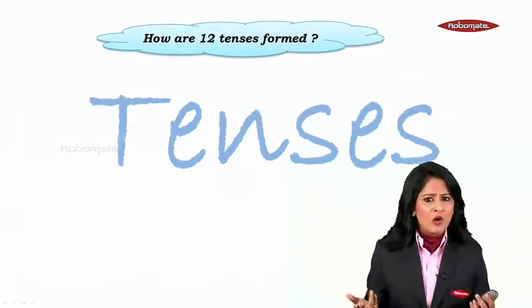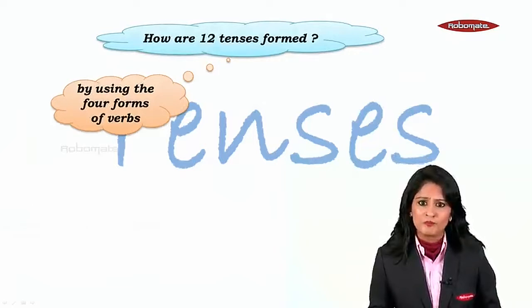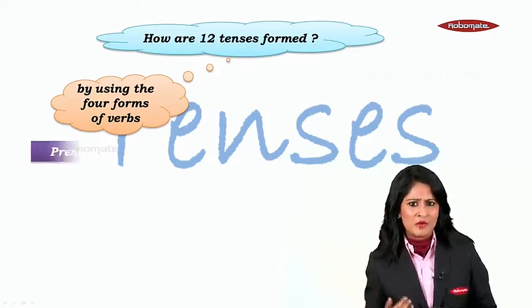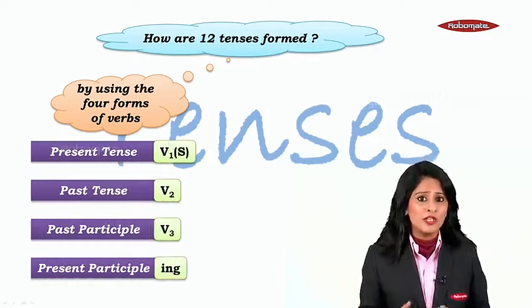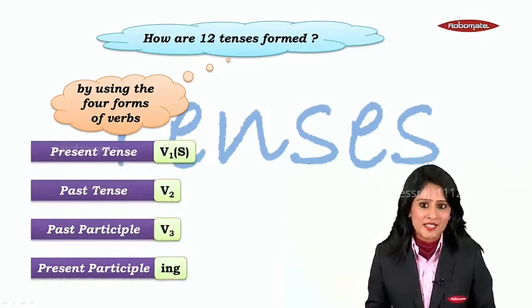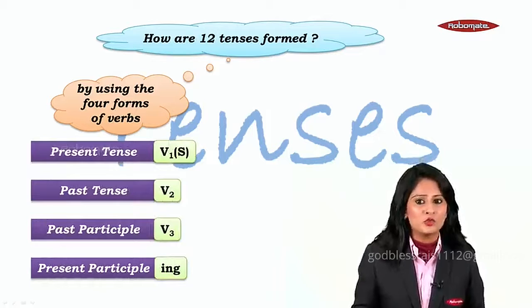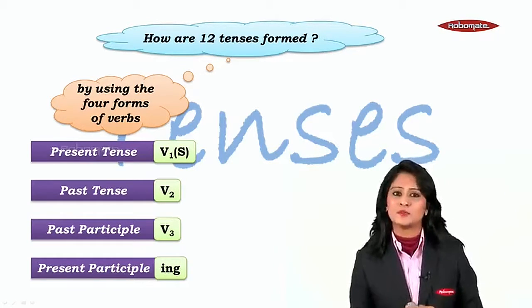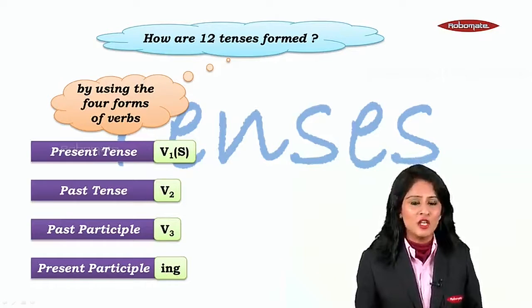So how are these 12 tenses formed? By using the 4 forms of the verbs. Remember what we did some time ago? Present tense, V1, or sometimes we have to add that S. Past tense, that is V2, past participle, which is V3, and the present participle, always ending with ing.